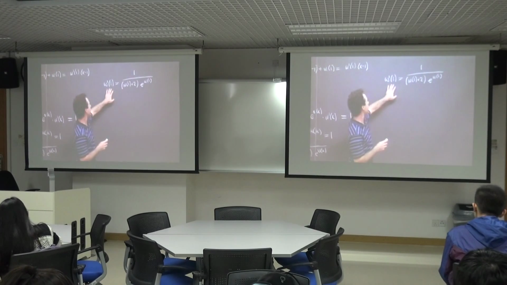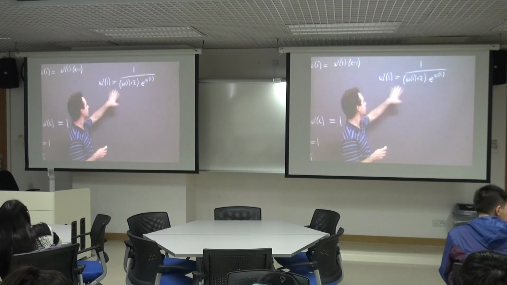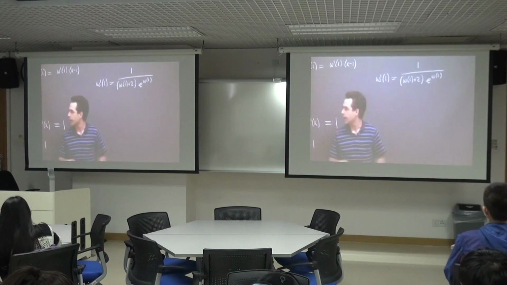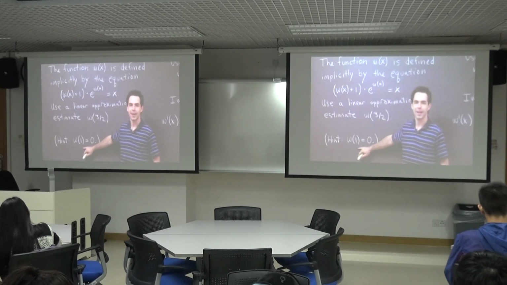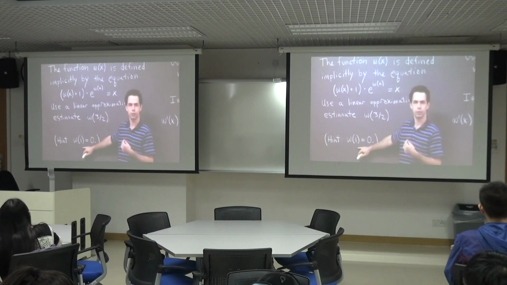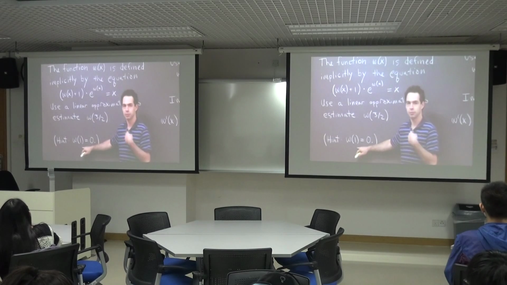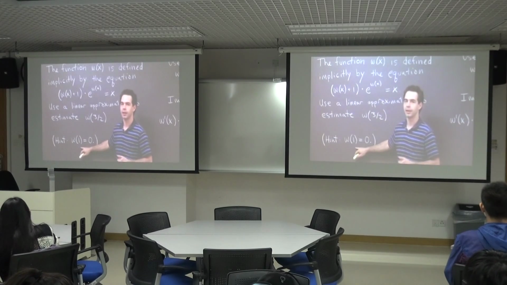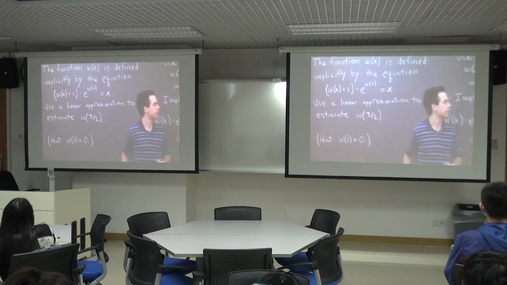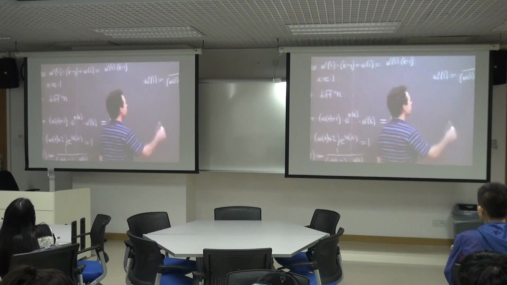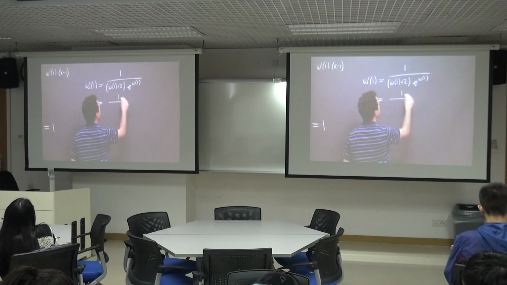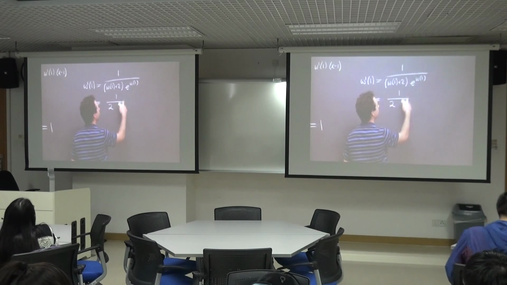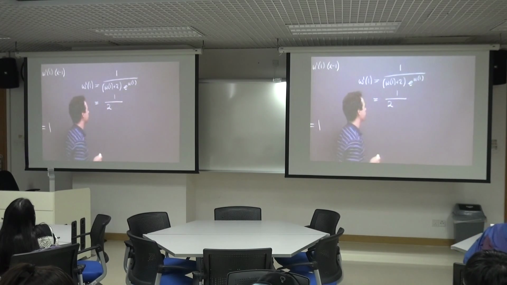Okay, so in order to get W prime of 1, I need to know what W of 1 is. But I had that right back here. That was my confusion. This is why we're using this point as a base point, which is we know the value of W for this value of x. So we take that value. So W of 1 is 0. So this is just 1 over, 0 plus 2 is 2, and e to the 0 is 1. So it's just 1 over 2.